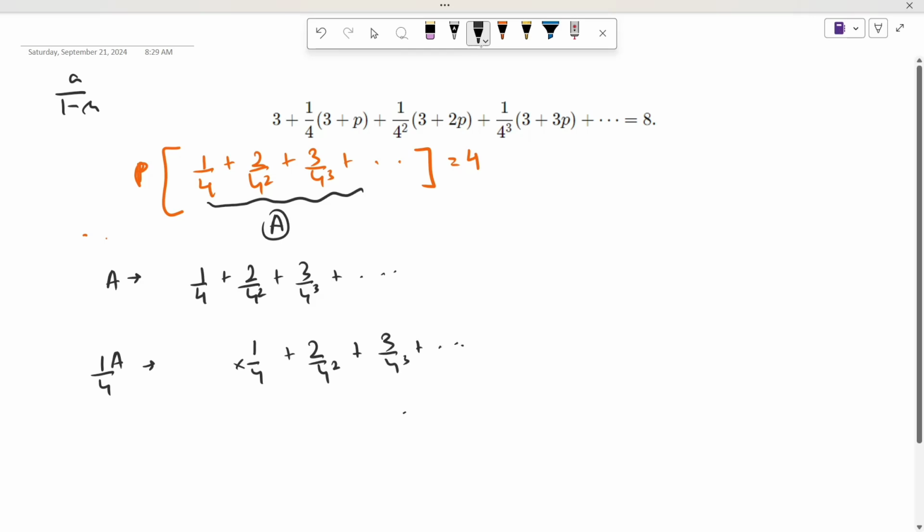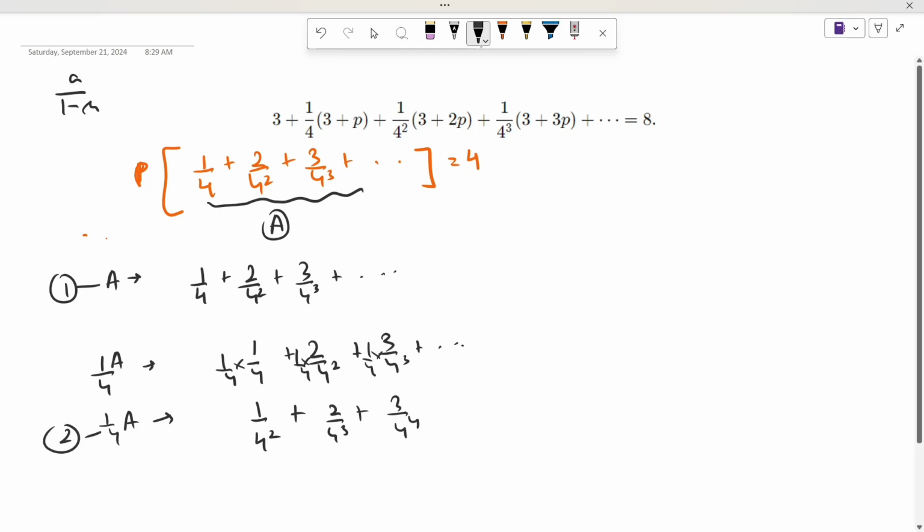So if we multiply by the common ratio, 1 by 4, we'll get 1 upon 4A, that is 1 upon 4 square plus 2 upon 4 cube plus 3 upon 4 to the power 4. Now just subtract this equation and this equation.